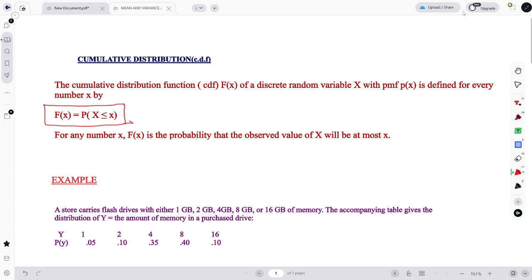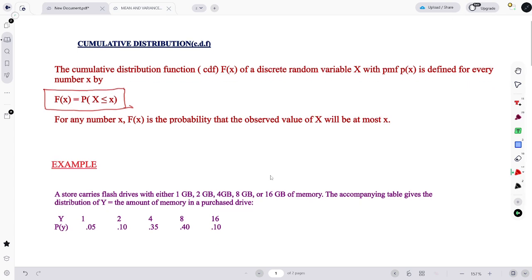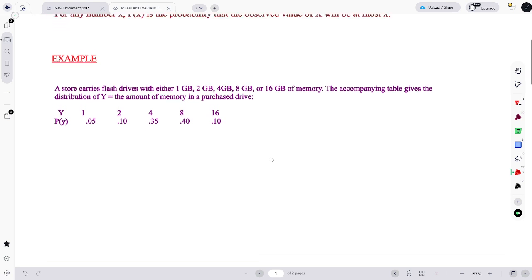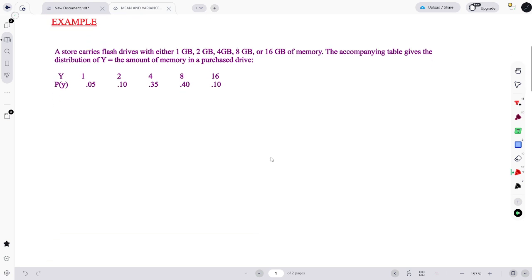Now we can explain cumulative distribution using an example. Similar to the name, cumulative distribution is the adding up of the probability mass function. So consider this. A store carries flash drives with either 1 GB, 2 GB, 4 GB, 8 GB or 16 GB of memory.